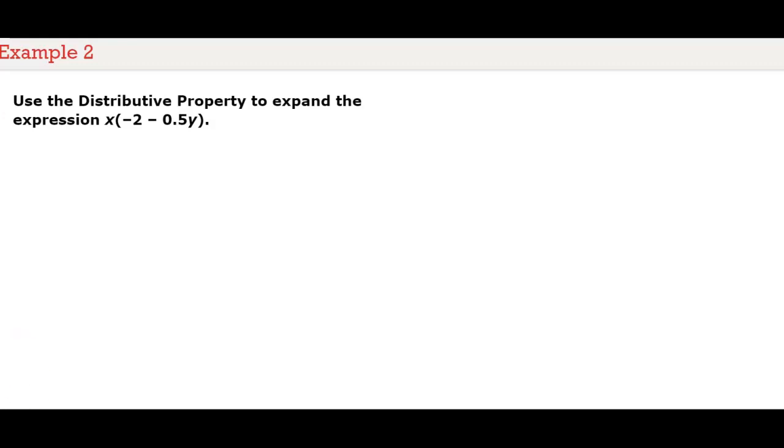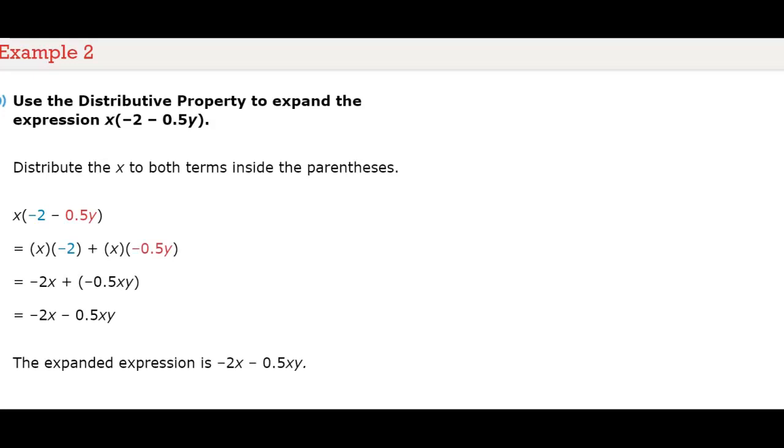Use the distributive property to expand the expression x times the quantity -2 minus 5/10 times y. Distribute the x to both terms inside the parentheses. So we have the x on the outside multiplying the -2 and multiplying the negative 5/10 times y.